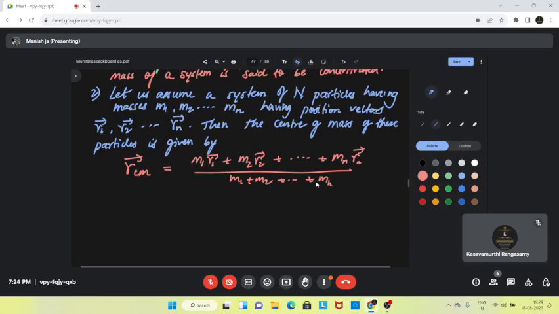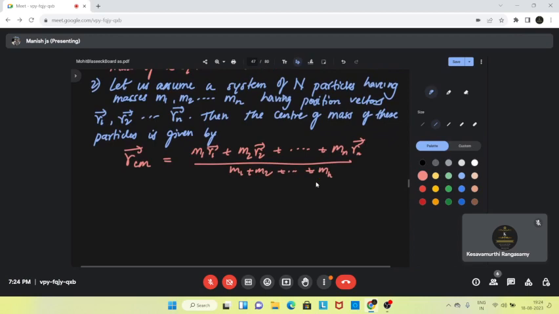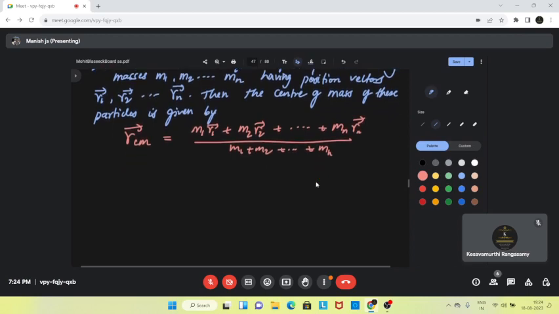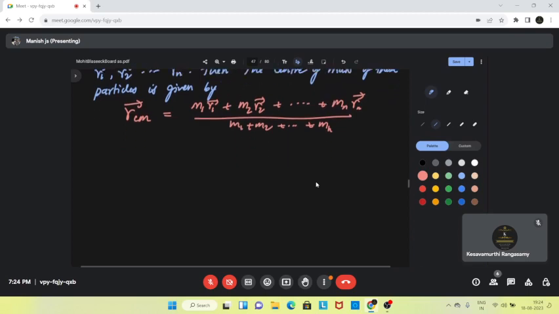So this is the general formula for center of mass: the product of mass and the distance from the point of origin at which that mass is located, divided by the entire mass of the system of particles.